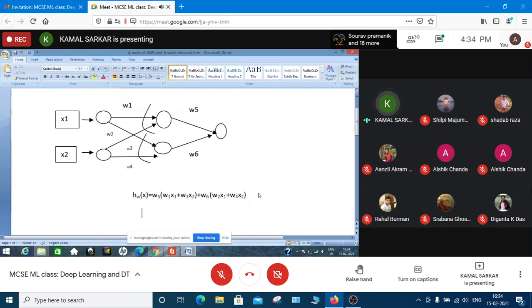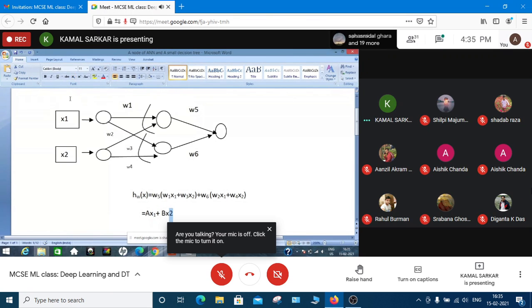Essentially it can be written as some constant times x1 plus some constant times x2. We can write it in this manner also. So it is essentially linear.